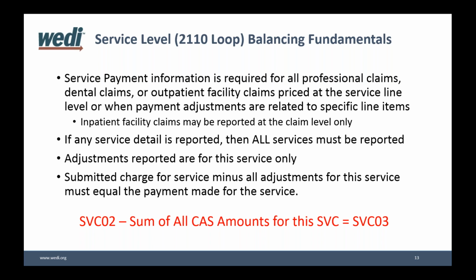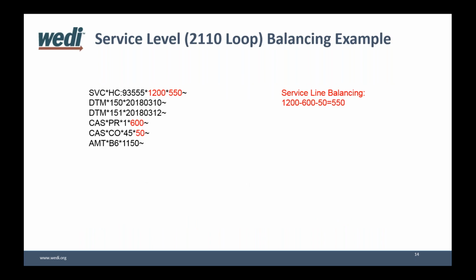Next slide, please. So let's take a look at what this looks like when it's represented in transaction form. Lots of segments and numbers here, but as you can see, on this specific service, we've got $1,200 represented in the SVC02. That represents the billed amount for that service line.